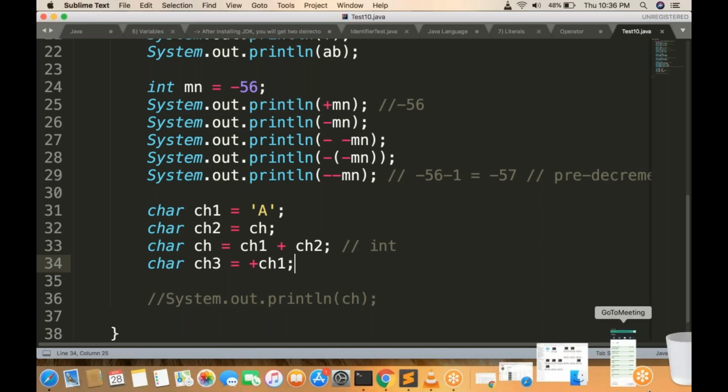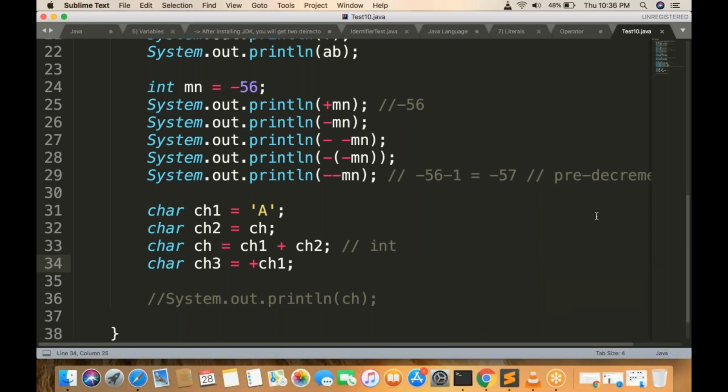Both of you please tell. Is it valid or invalid? Avina is saying valid. Okay, can you prove this thing? How is it valid? It is invalid.